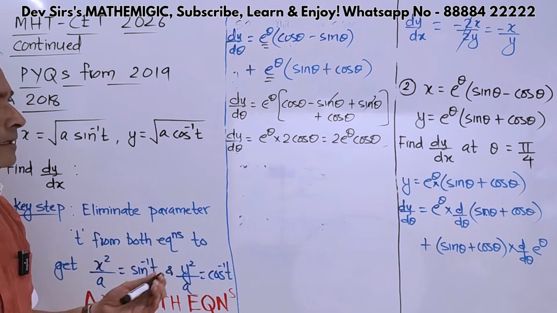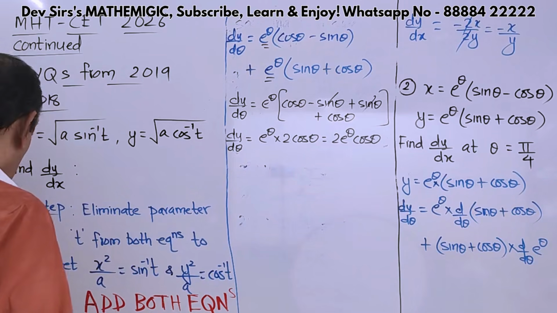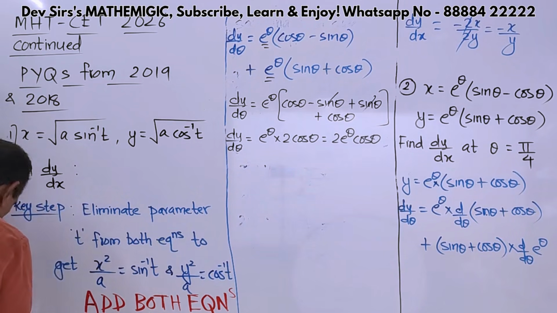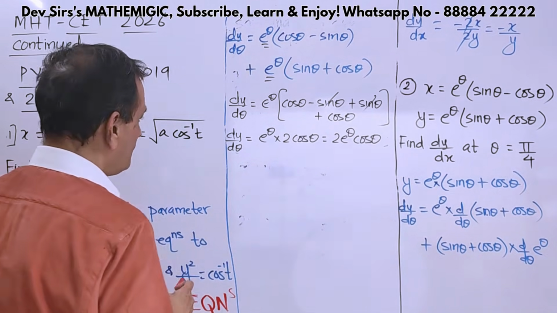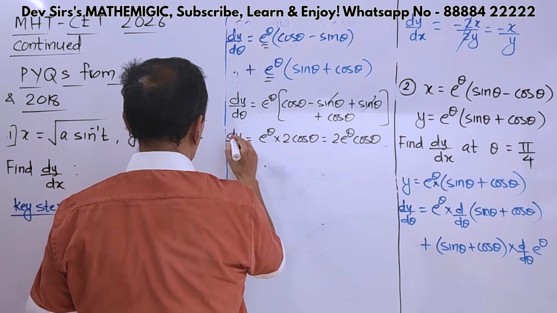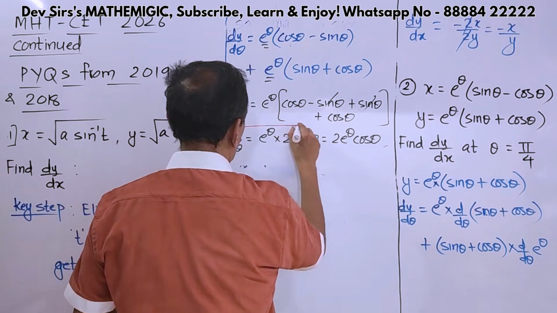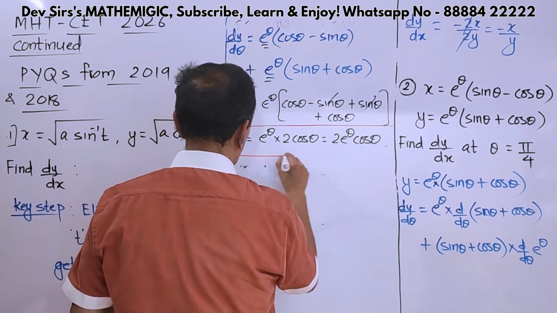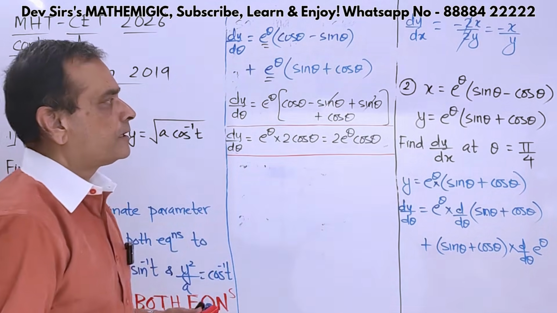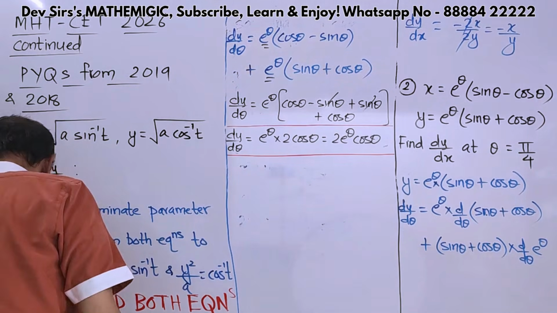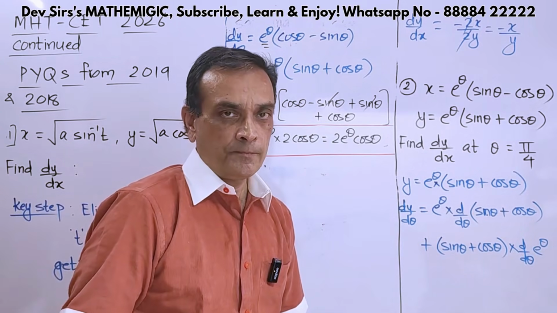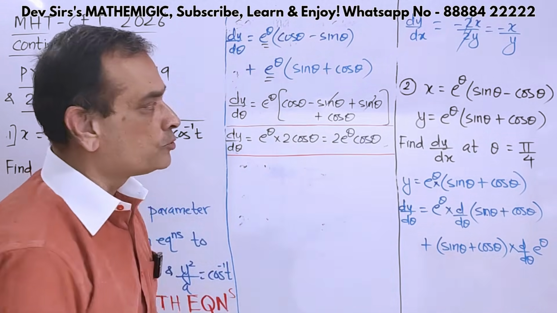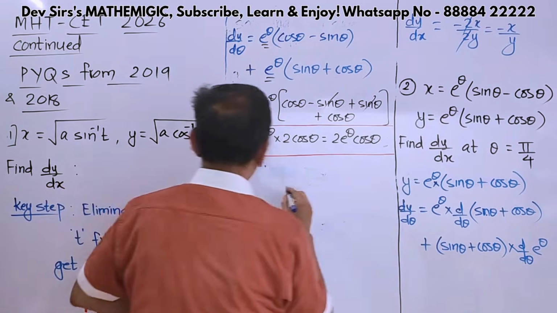Right? Now dx by d theta. Let's see. I'll just mark this. Now dx by d theta. While solving CET, this is how you are going to do this. X is equal to this.